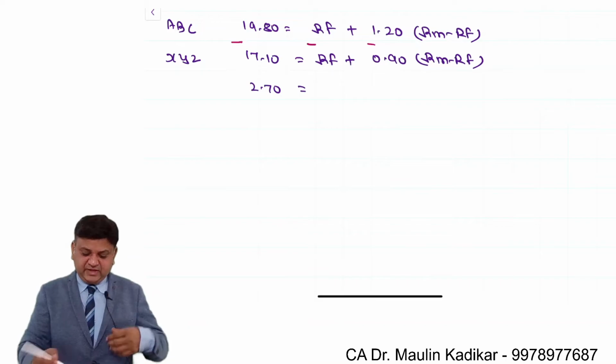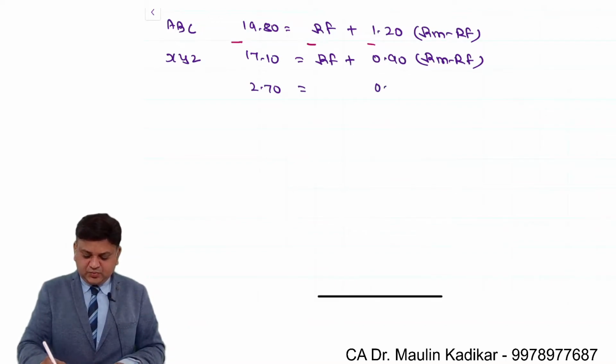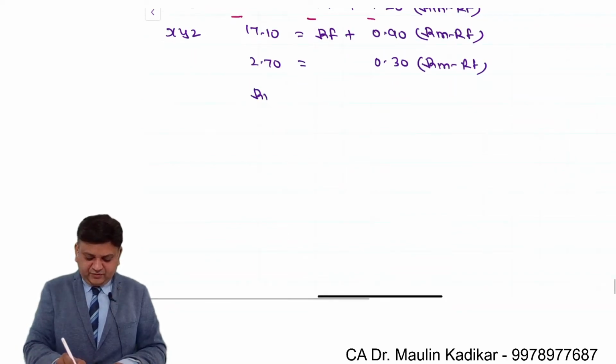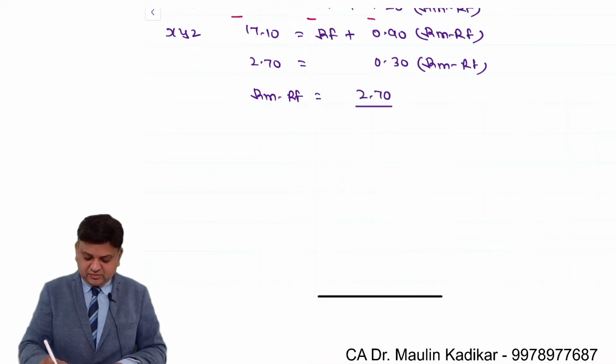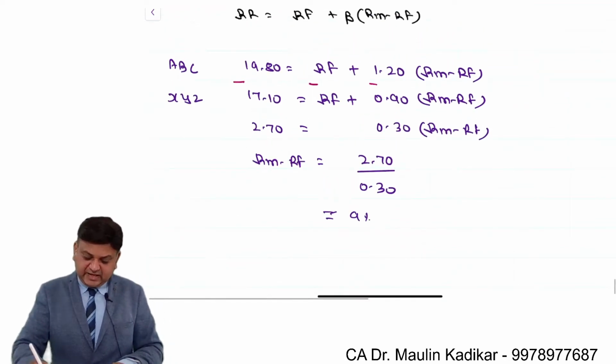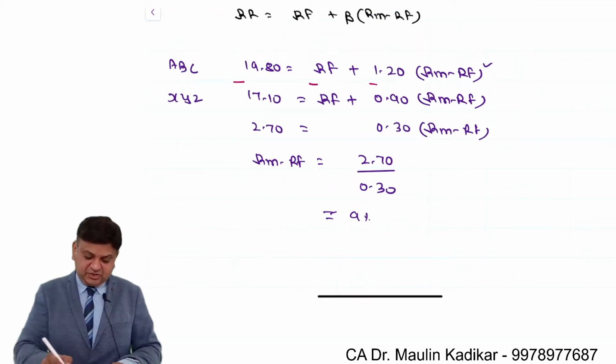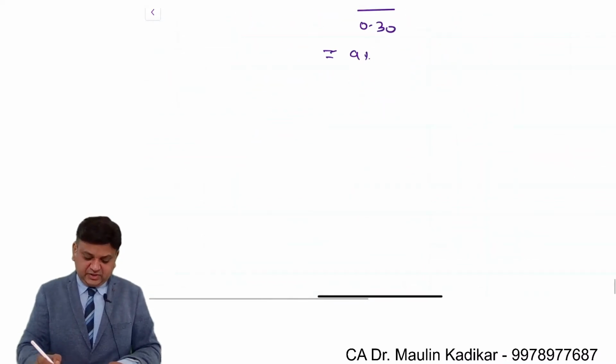RF positive and RF negative are cancelled. This is 0.3 into RM minus RF. So RM minus RF is equal to 2.70 divided by 0.30. So the answer is 9%. Once you calculate this as 9%, RF can be found as the balancing figure.